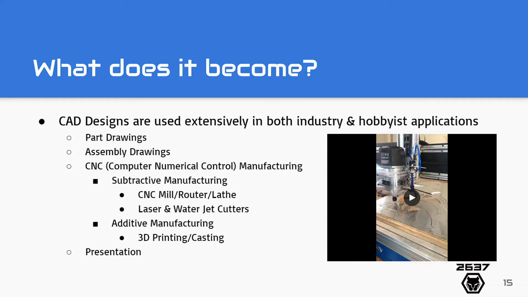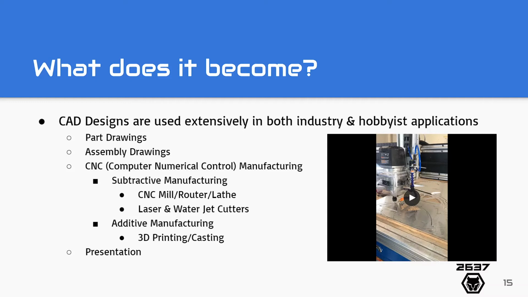CAD will produce parts and assembly drawings, as discussed before, and they are also used for CNC manufacturing, which is computer numerical control, and that means that you tell a machine to make the part, and the machine automatically makes the part without too much human input.